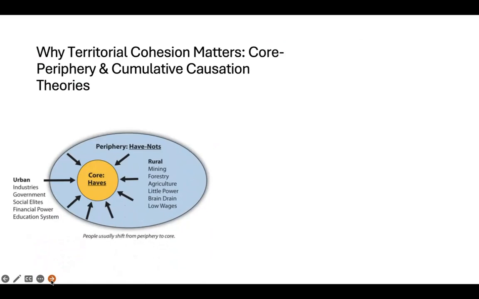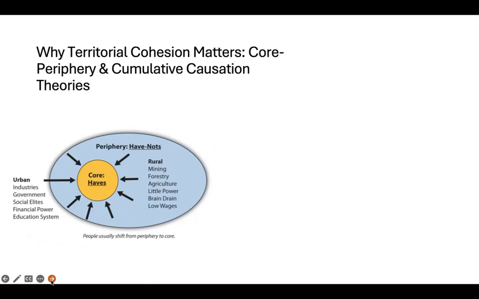So the core periphery model, according to this model, economic development tends to concentrate in certain core areas. They could be major cities, regions, or industrial hubs, while outlying peripheral regions remain less developed. And the core benefits from advantages like better infrastructure, higher skilled workforces, and established trade networks, and that reinforces its economic dominance.